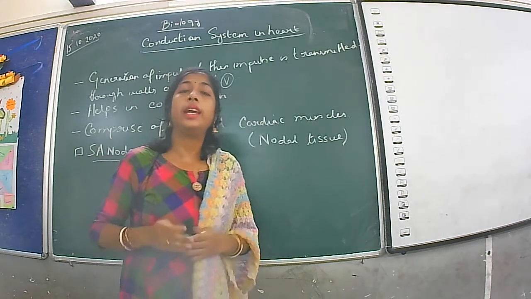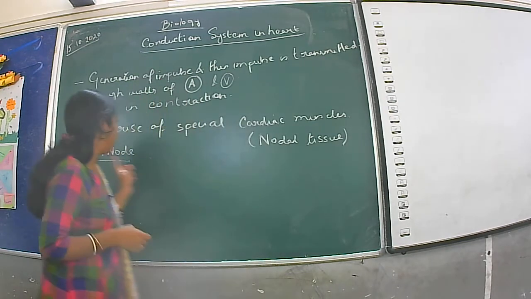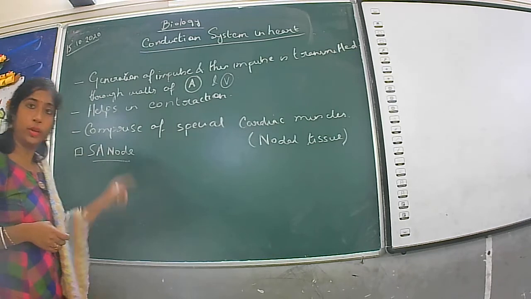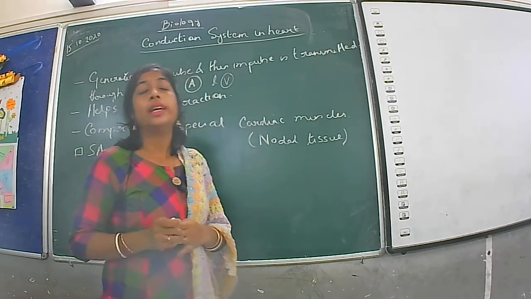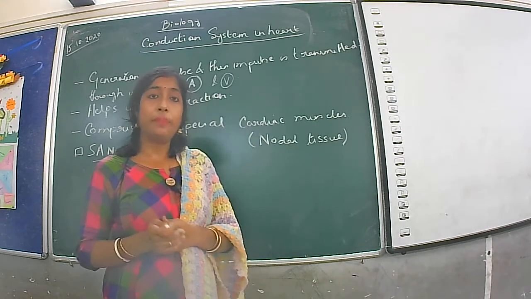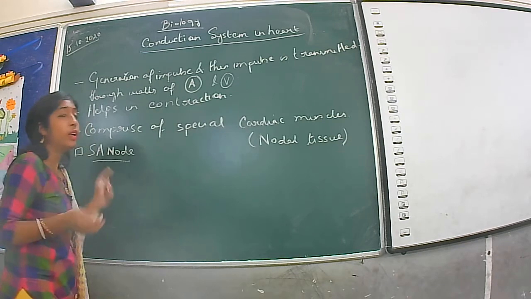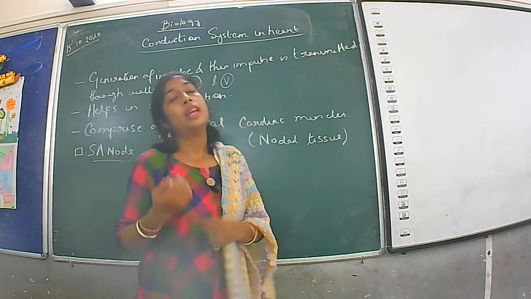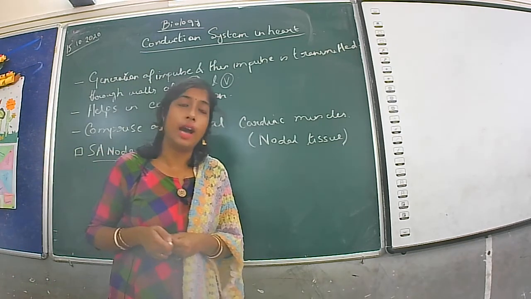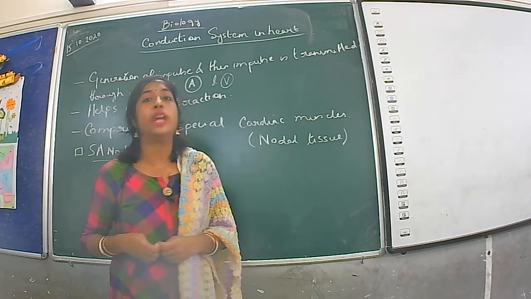The full form of SA node is sinoatrial node. This SA node is actually the natural pacemaker. It helps in the generation of impulse in the heart, and this is the place from where the impulse is generated.